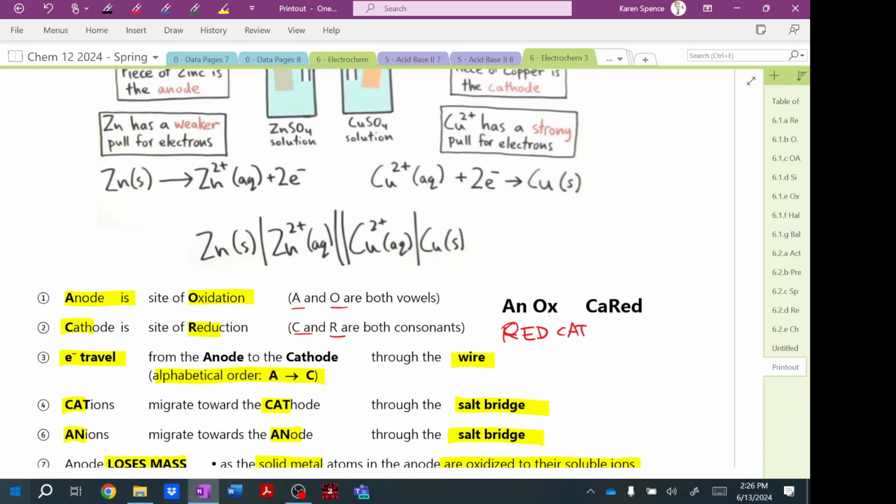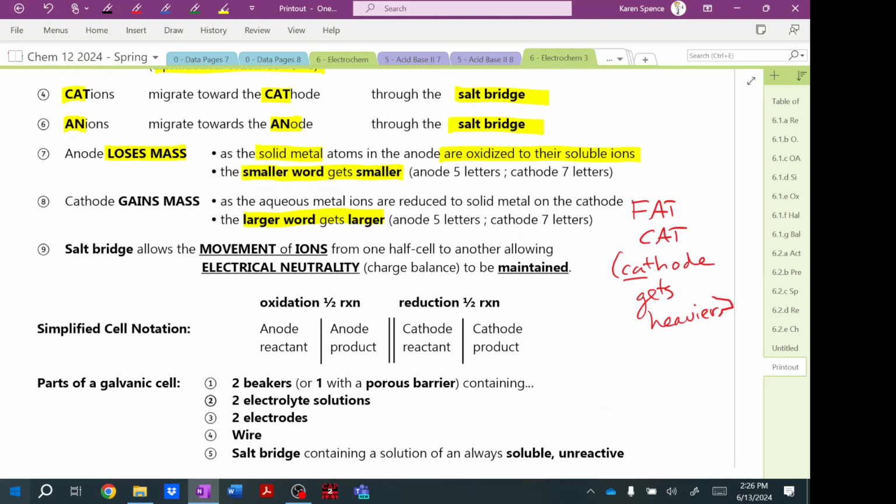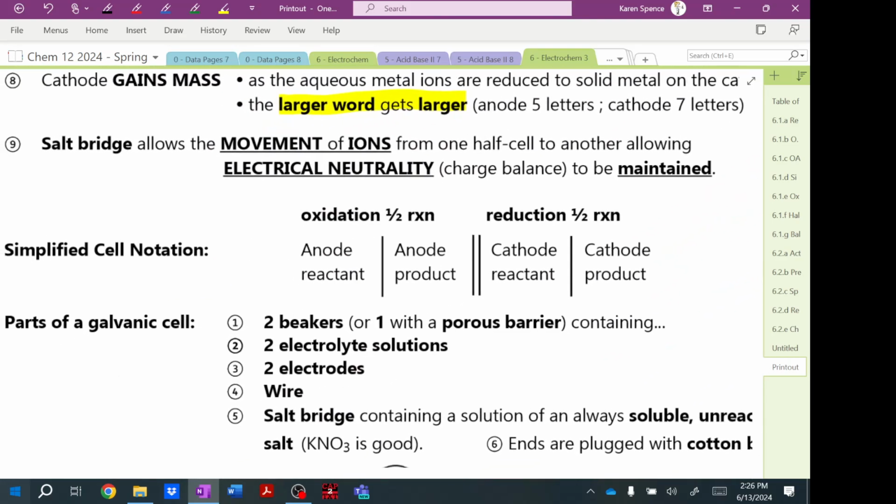What does the salt bridge allow? Movement of ions. And why do we need those ions to move? To balance out the charges, to maintain electrical neutrality. Either one of those language things will work as an explanation. Okay, good stuff.